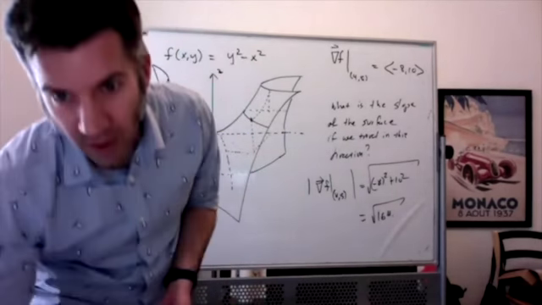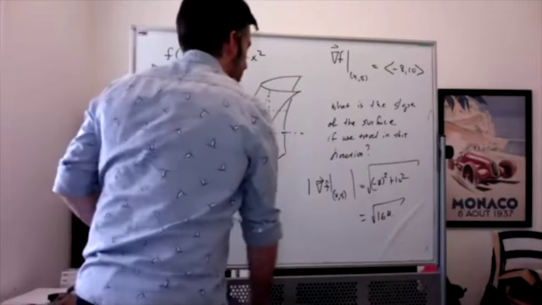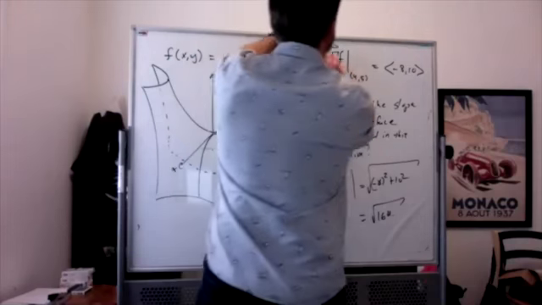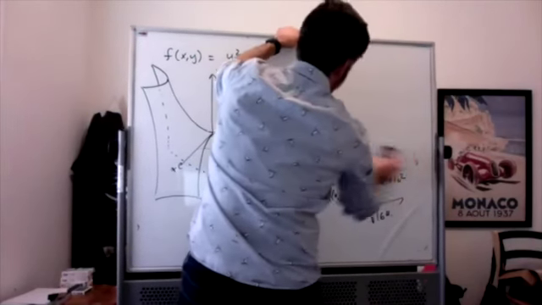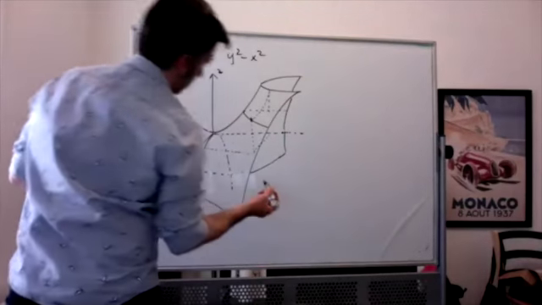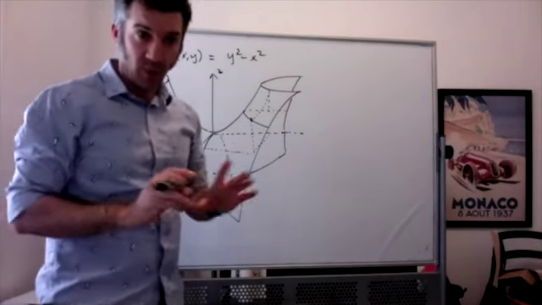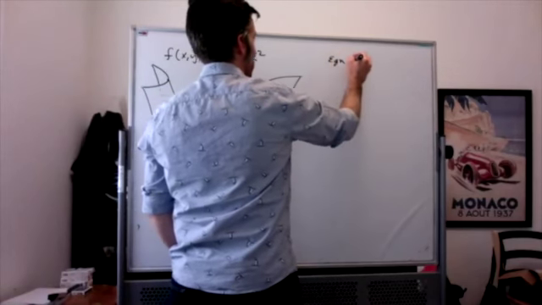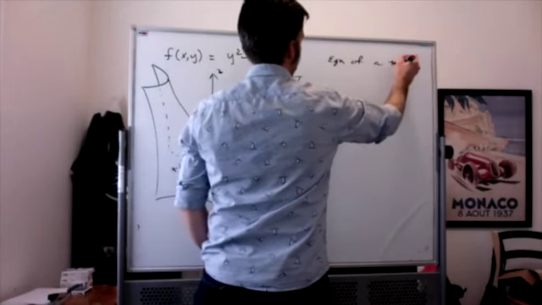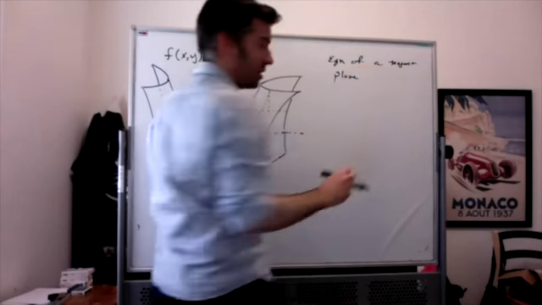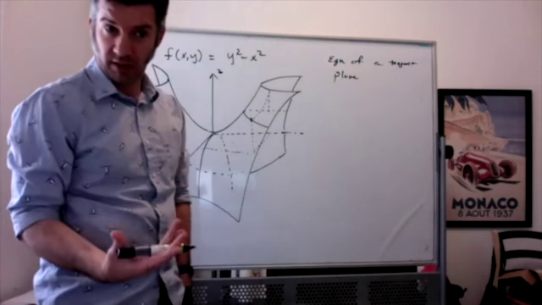But okay, yeah. Okay, so let's say we want to find the equation of the tangent plane. And this is where we have to kind of adjust our way of thinking. So we learned before that we can find the equation of a tangent plane by using the coefficients of the normal vector.